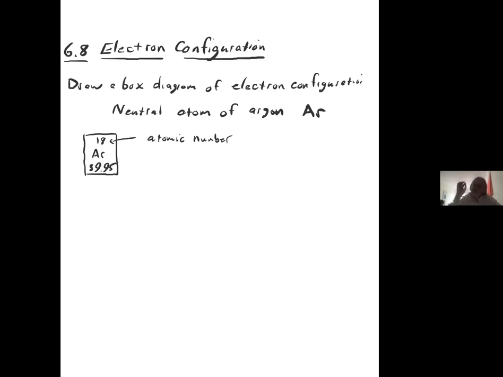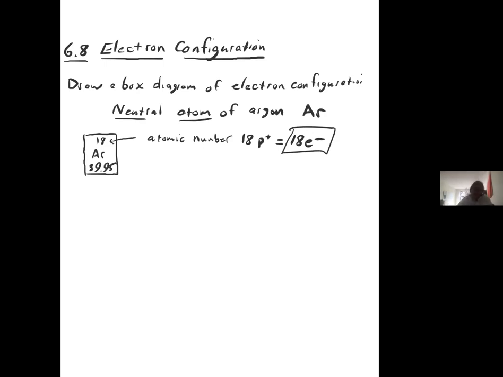Remember, the atomic number is not the number of electrons per se, it's the number of protons, right? So this tells you you have 18 protons. But it says it's a neutral atom. So what does that mean? That means that the number of electrons is equal to the number of protons. So you've got 18 electrons. That's all you need, okay? All right, that's the number, 18 electrons.